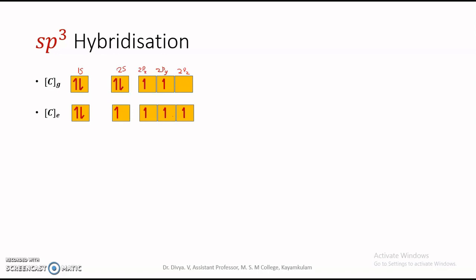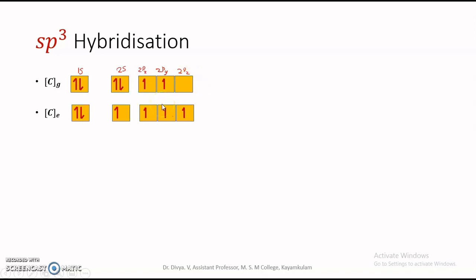But there is one more problem. In all the saturated hydrocarbons of carbon atom, the bond length remains the same. There is no difference in bond length. But here you can see that the 2s atomic orbital is spherically symmetrical, whereas 2p orbitals are dumbbell shaped, that is, they have directional properties.